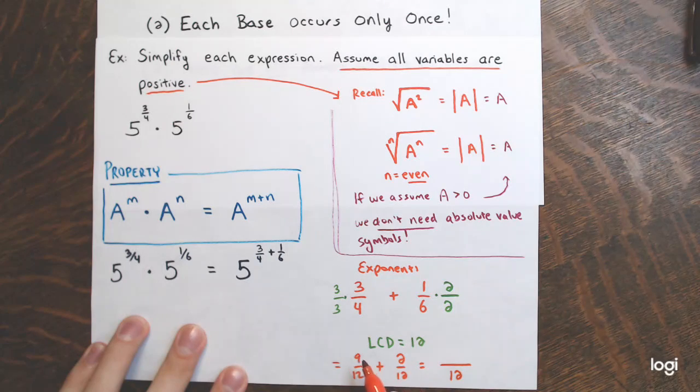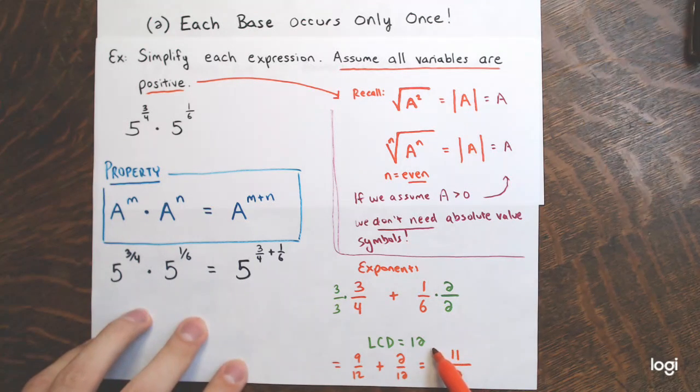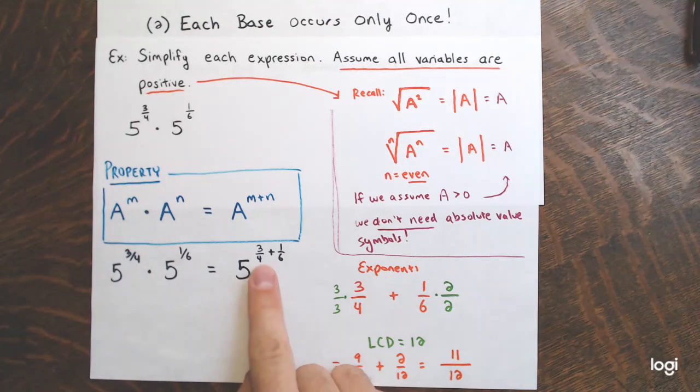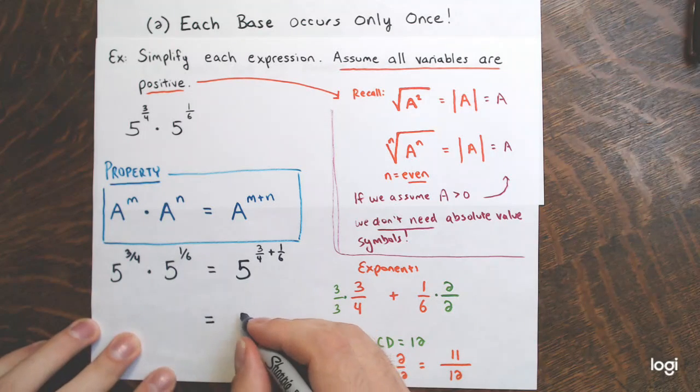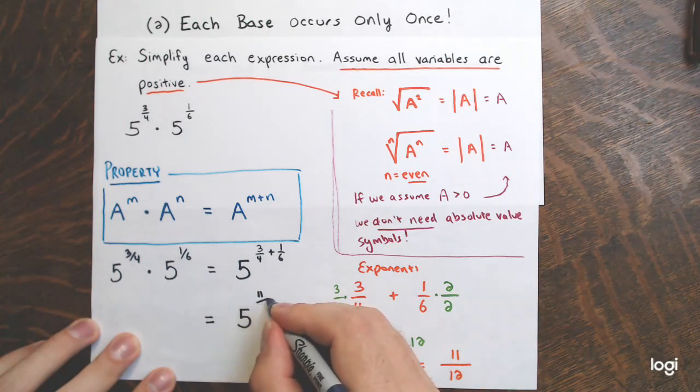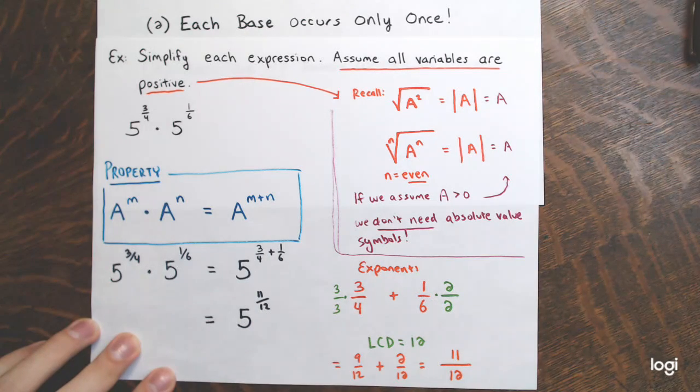You're just adding or combining the numerators. 9 plus 2 is 11. So this is the exponent: 3/4 plus 1/6 is 11/12 when you combine that to be a single number. So our final result here is 5 to the 11/12 power.